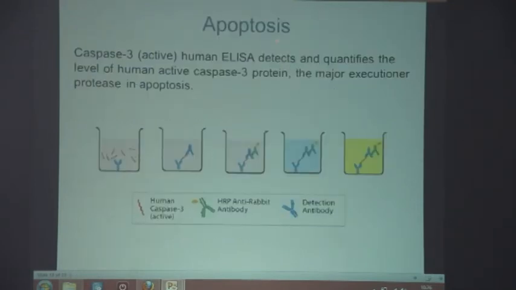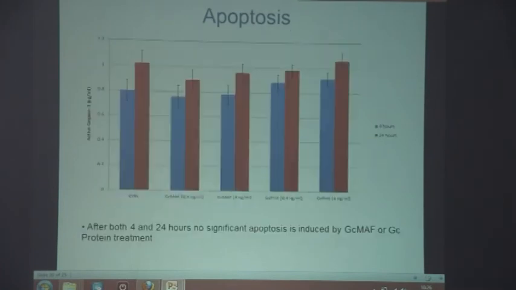And this is the apoptosis. We used a Caspase-3 active human ELISA kit to detect and quantify the level of human active Caspase-3 protein, that is the major executioner protease in apoptosis. The results.